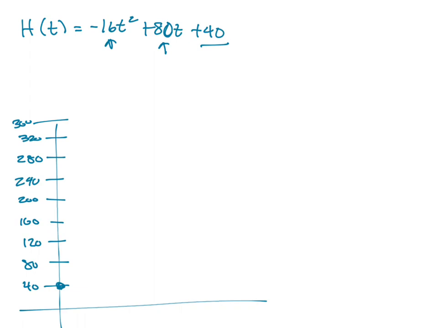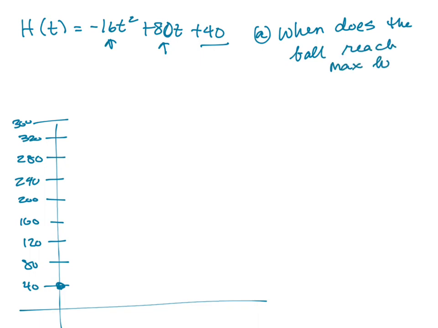Okay, so the three questions that they're going to ask us right now are, when does the ball reach the max height? So question A, when does the ball reach max height? So what is it asking for? The vertex.